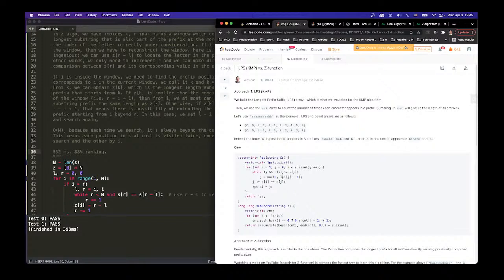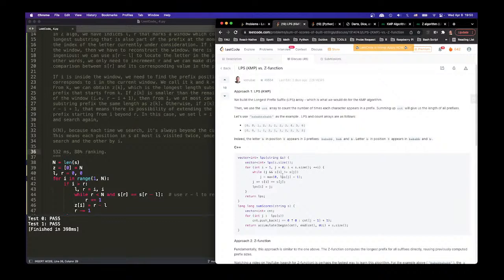This one is involved in the prefix a certain number of times, and then plus 1 because I have a new prefix involved.